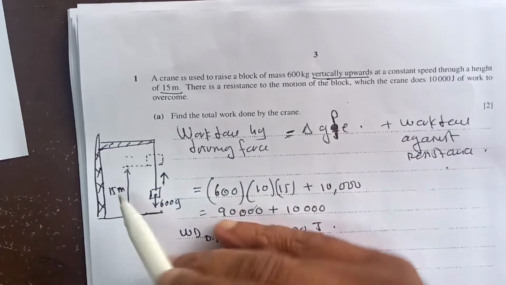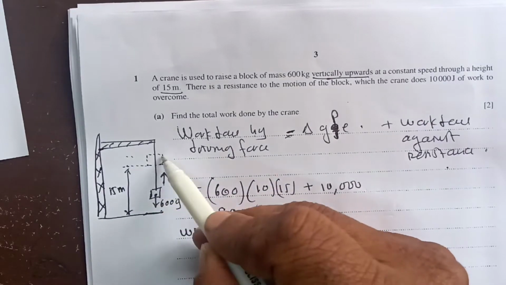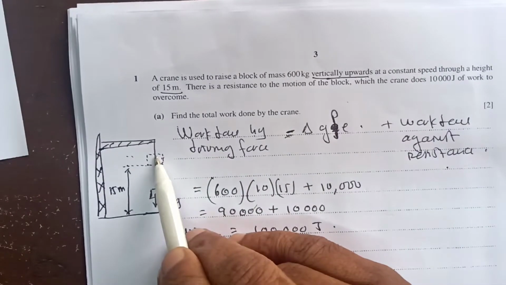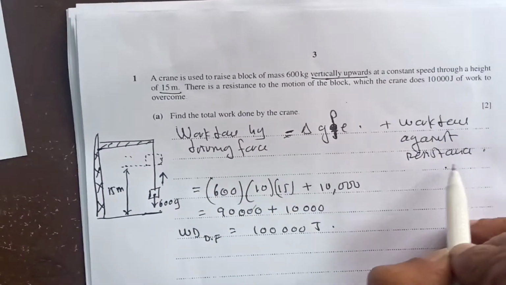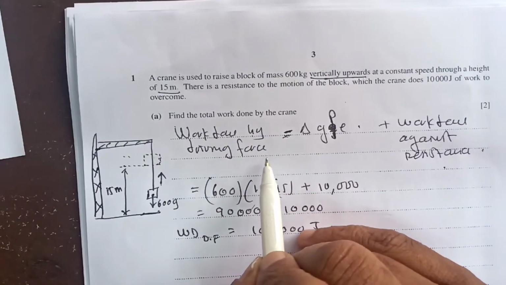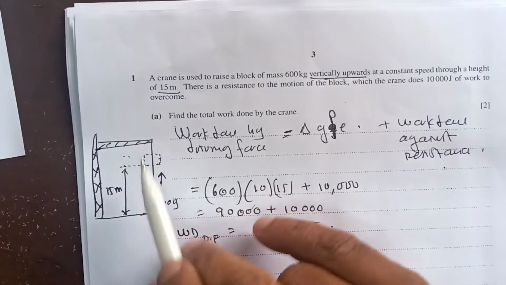If you add the gravitational potential energy gain plus the work done against friction, this will be the total work done by the driving force of the engine.